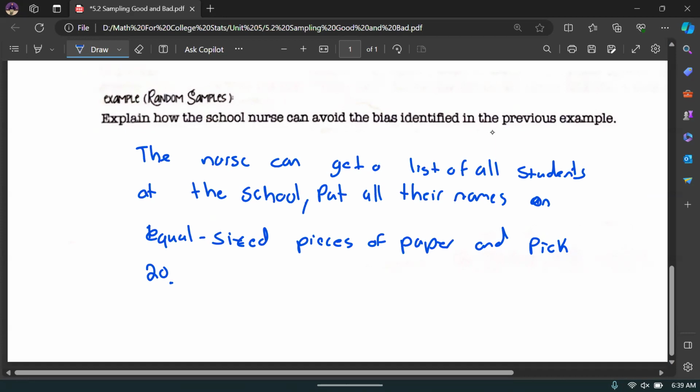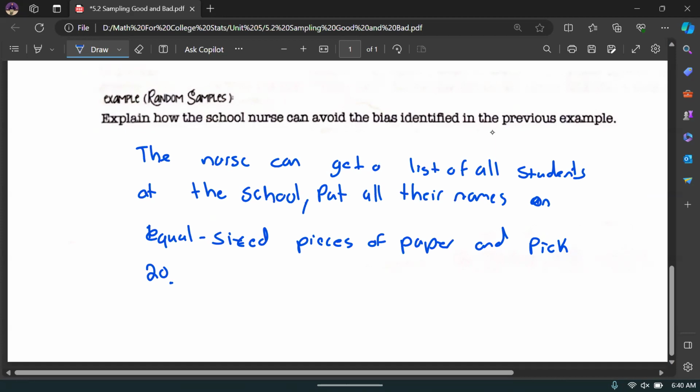Now, if it's a lot of students, maybe at a school like this where it's really big, an alternative method would be to have their names listed from 1 to 2,000, however many students are at the school, and then use a random number generator and see what the first 20 random numbers are, and go to those names on the list.